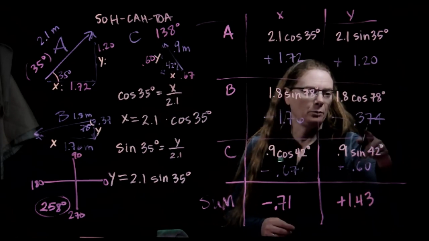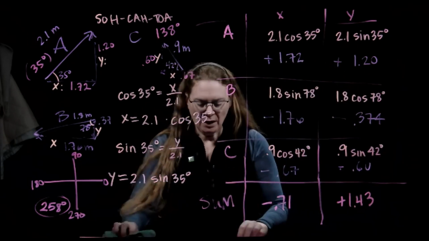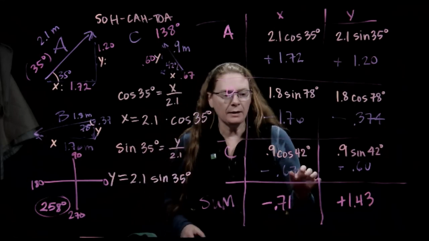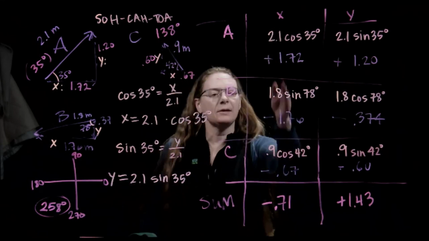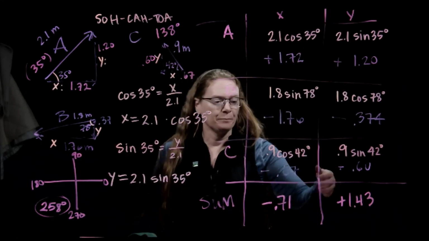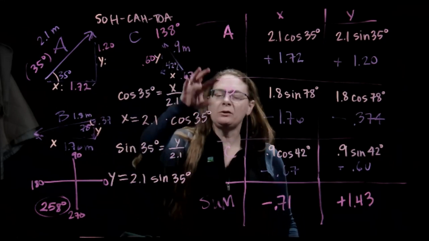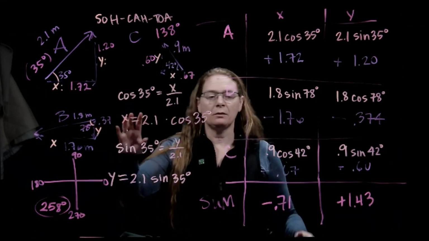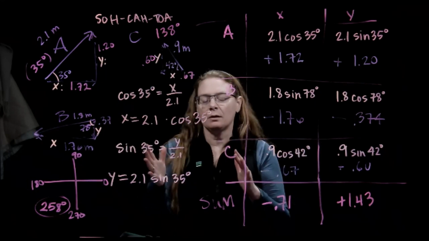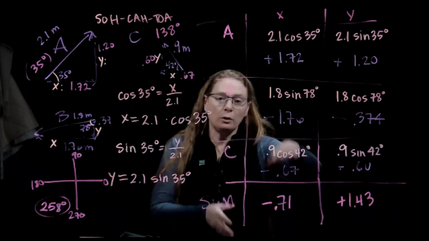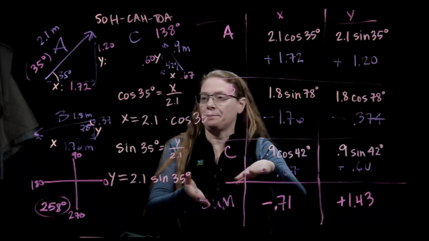That seems reasonable. Okay, so that is the next step to figure out the sum of the x's, the sum of the y's. What you just figured out is the combination of all three of these vectors, the total left-right part of the combination, and the total up-down part of the combination.